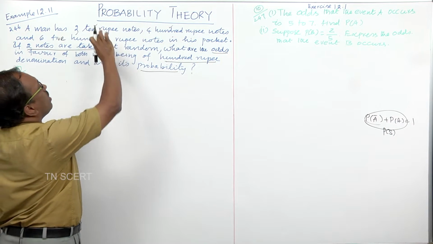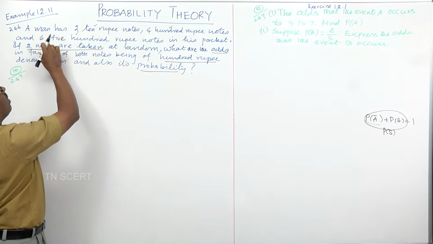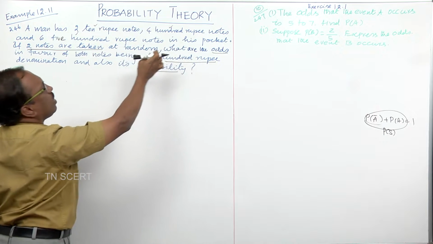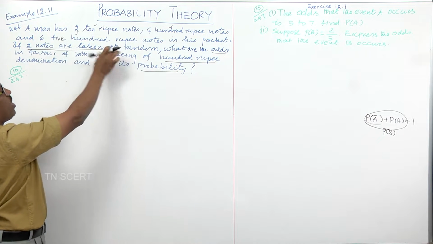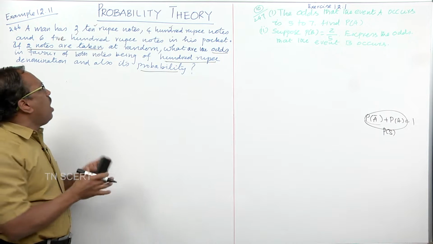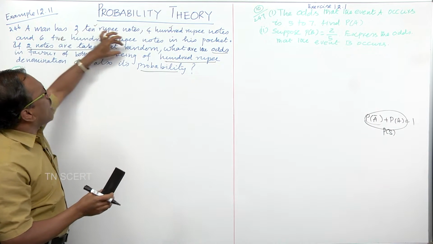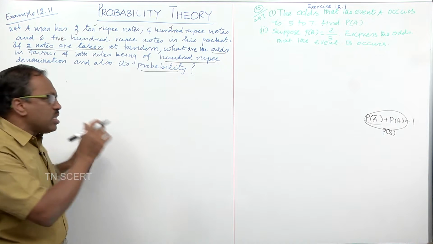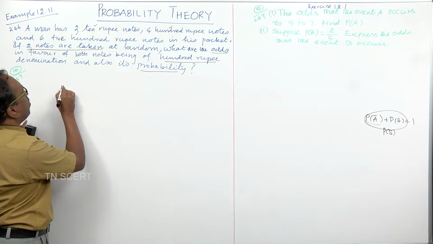Let us go back to the problem side. Totally there are 2 10-rupee notes, 4 100-rupee notes and 6 500-rupee notes, and 2 notes are taken at random. We wish to calculate n of S, the total number.